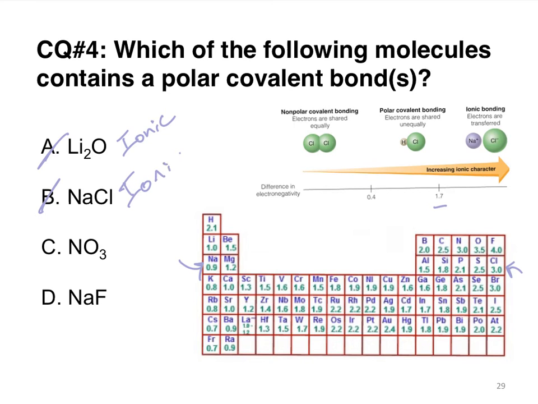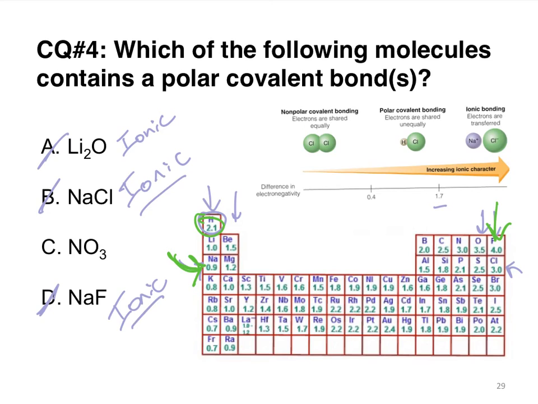Or you can just remember that anything in these two columns combined with anything in this column or this column, except for hydrogen, is going to be ionic. Sodium and fluorine, those two columns again, ionic. So realistically, it should have been easy to know that all three of these are ionic.